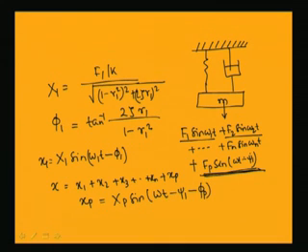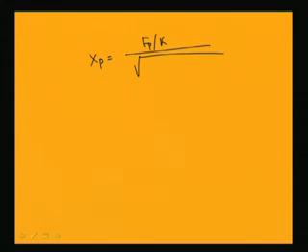So, where this Xp is given by the expression, this is equal to F0 by k root over (1 minus rp square) whole square plus (2 zeta rp) whole square.